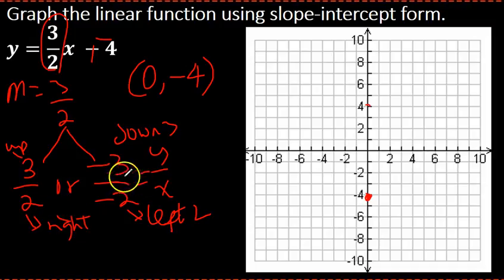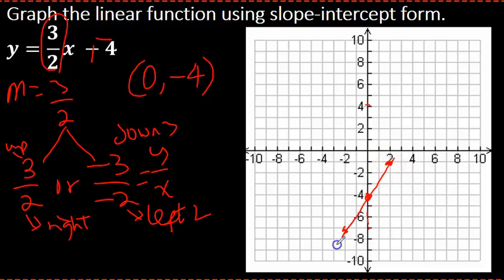If we use this, from here we go 1, 2, 3 units down and 2 units left, 1, 2. So we put it there. Or we can use this one and go 3 units up, 1, 2, 3, and 2 units right, 1, 2. So we put that there.